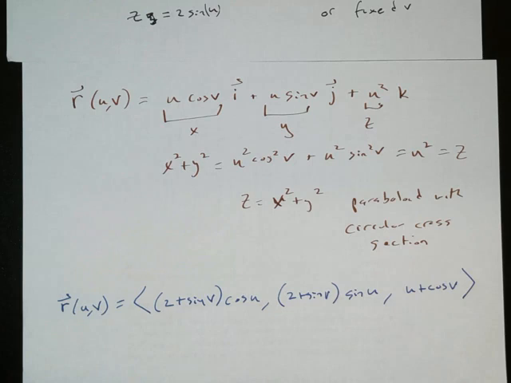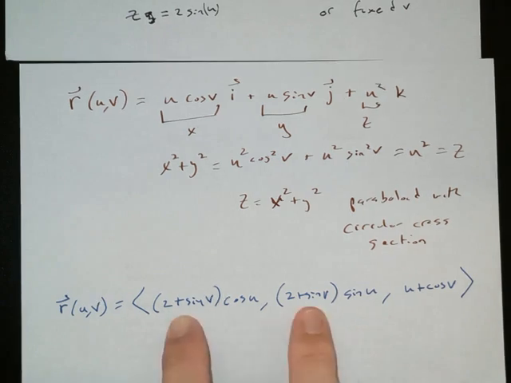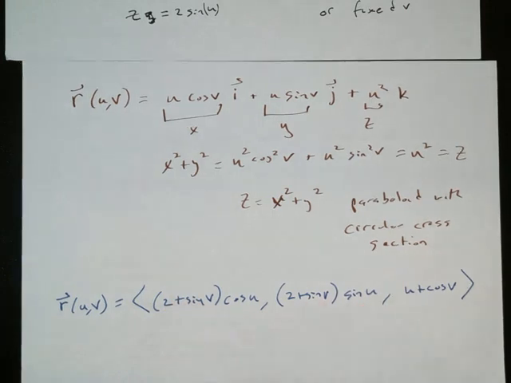Oh boy. Let me start this one backwards. Let's fix V. If I fix V, then this constant and this constant are the same. That's number cosine and number sine. That's a circle in X and Y, right?